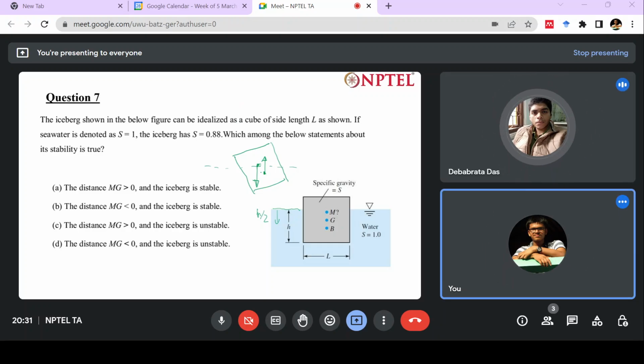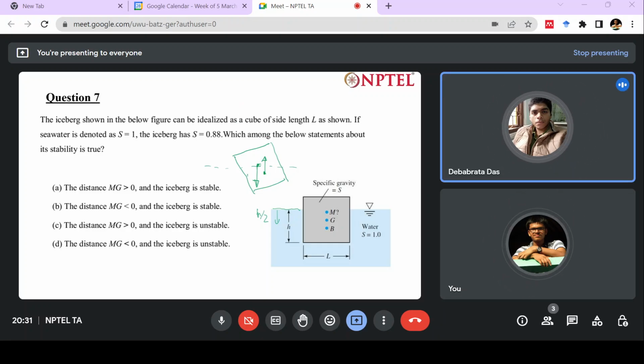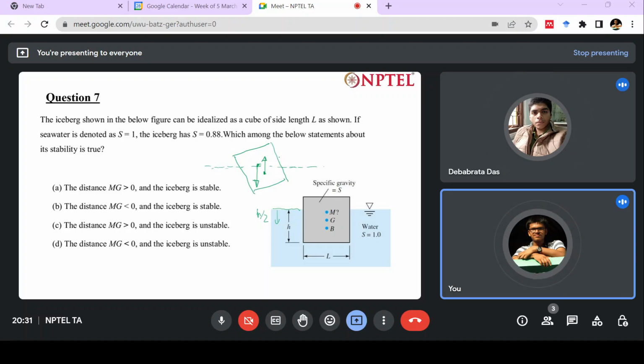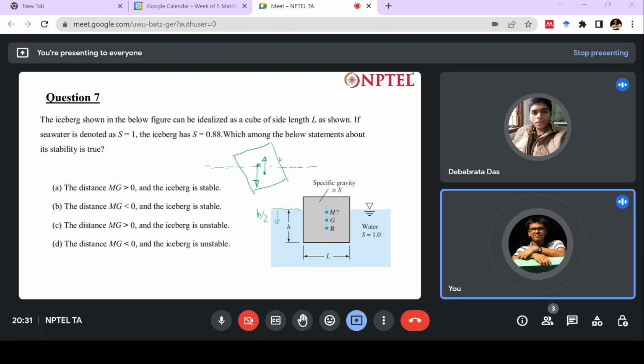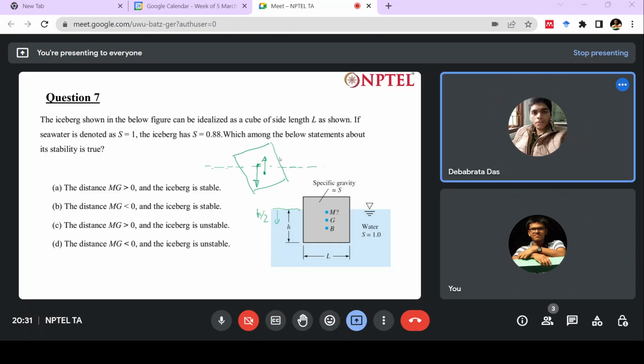In this particular figure, is the metacenter above G or below G? The metacenter is below G, sir. In this it is below G, right? Yes, sir. That's why this is unstable, right? Yes, sir, this is unstable.